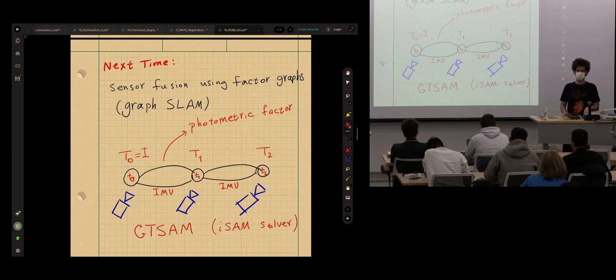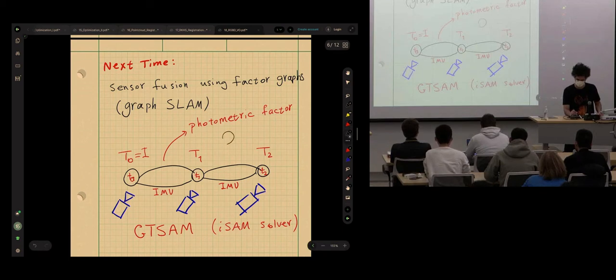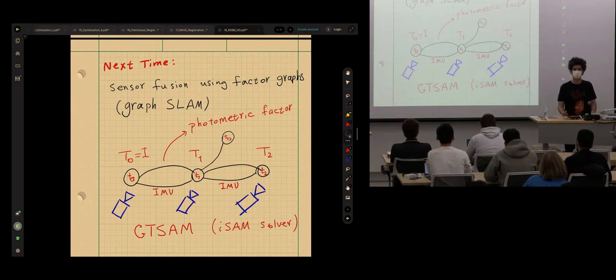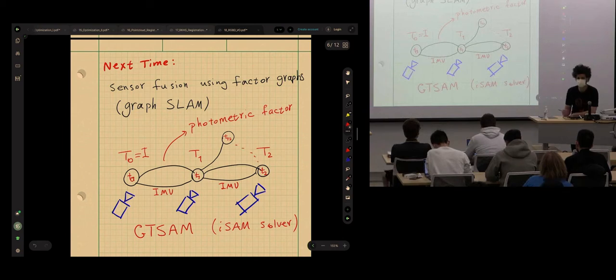You're asking that, can we have a node, for example, at time 12 that will get connected to this node? Absolutely, and that's loop closure. That's why this framework is so flexible.